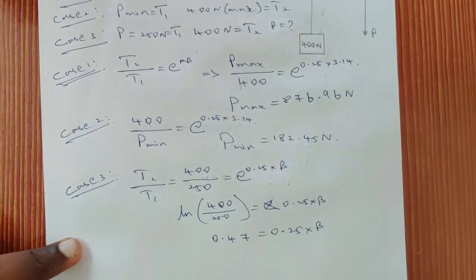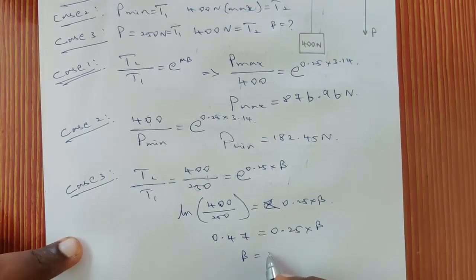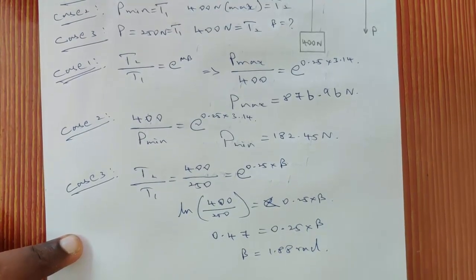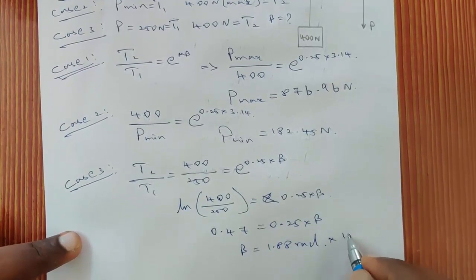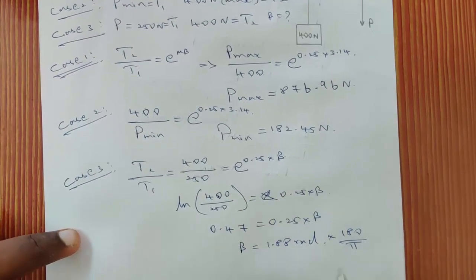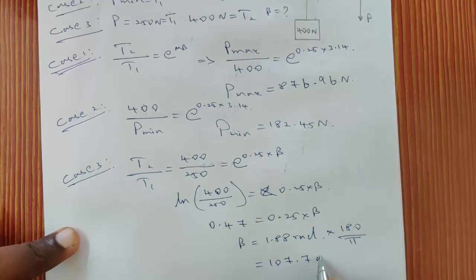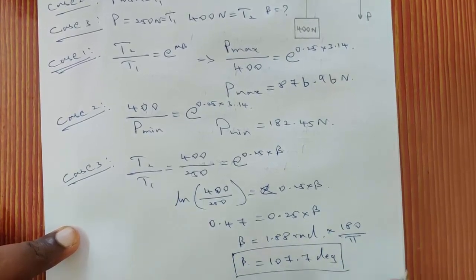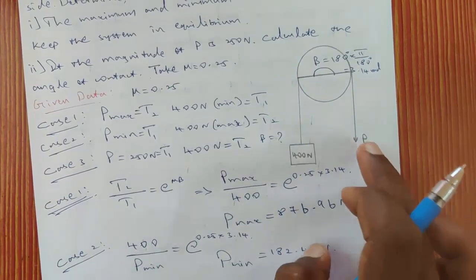Further, beta is equal to 1.88 radians. If you convert this into degrees, multiply by 180 divided by pi. So beta is equal to 107.7 degrees.